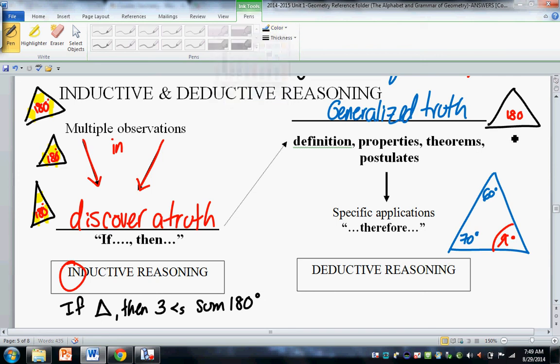You take the general truth, all triangles add up to 180, and apply it. So 60 plus 70 plus x equals 180, and then you would solve. Again, discover truth, inductive reasoning. Apply truth, deductive reasoning.